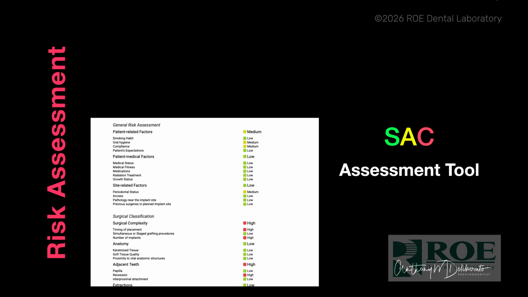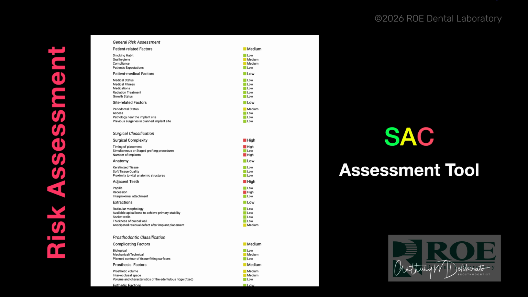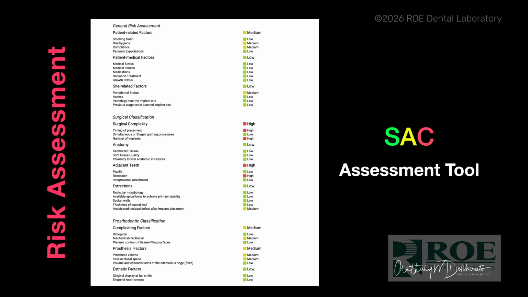We also have a tool that I would encourage everyone to investigate, and this is through the ITI, and it's a free subscription that's available to everyone that gives us this SAC assessment tool.